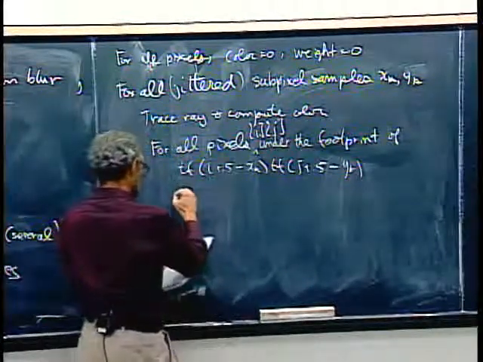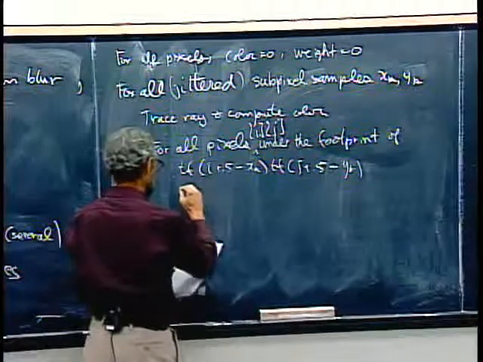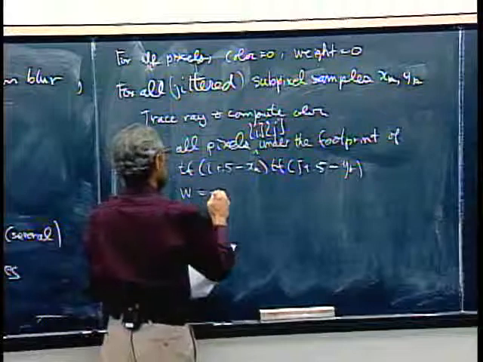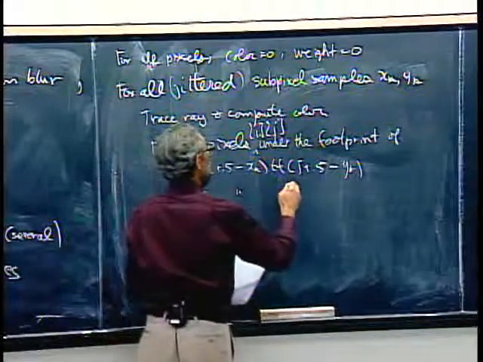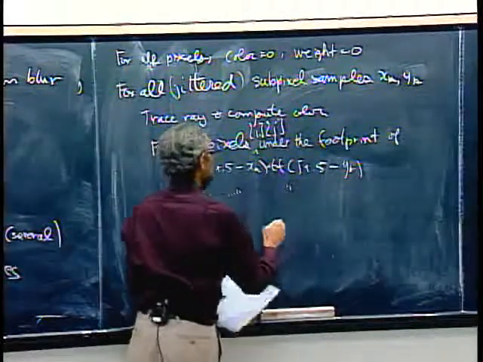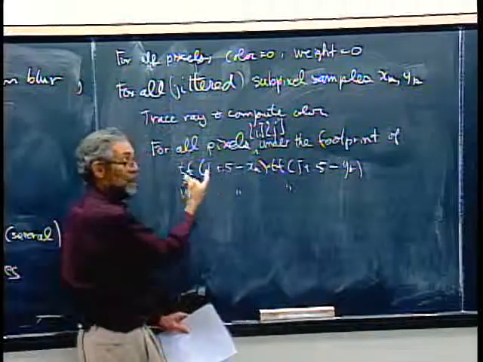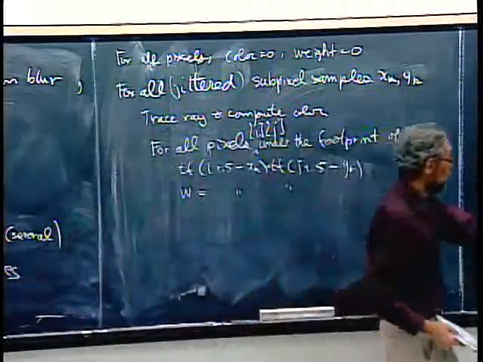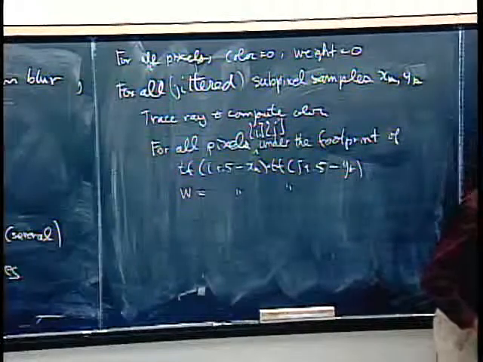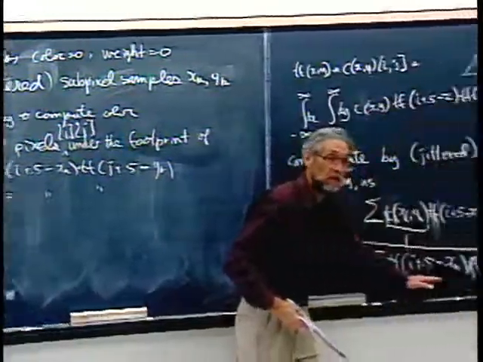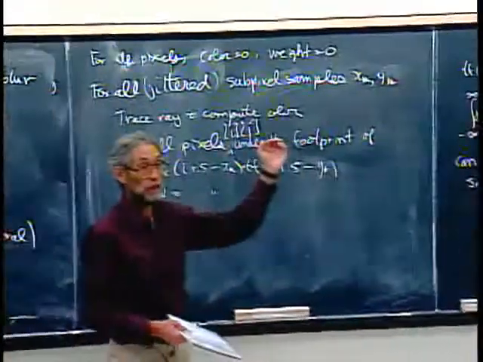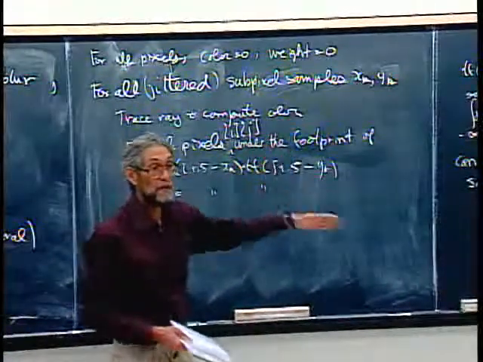So the weight is this product, right? You evaluate the 2 triangular filters to get the weight, which is the weight you're going to use in the weighted average. And what you're going to do is build up this sum and this sum over all pixels that subpixel jittered sample could affect in this computation.